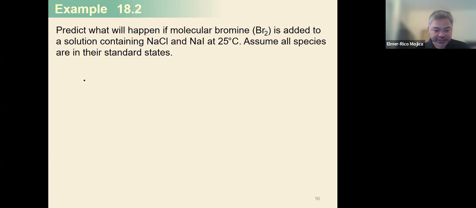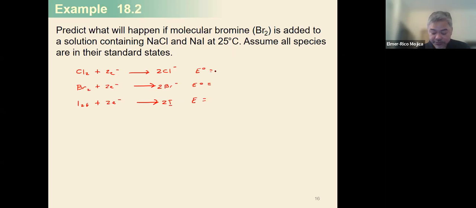So we have Cl2, and then we get the reduction potential. Now, usually you don't need to memorize that, it is given to you, okay?